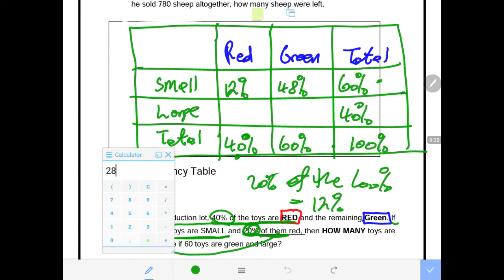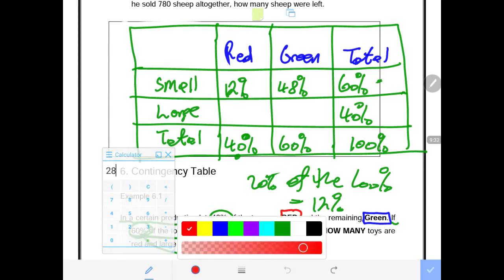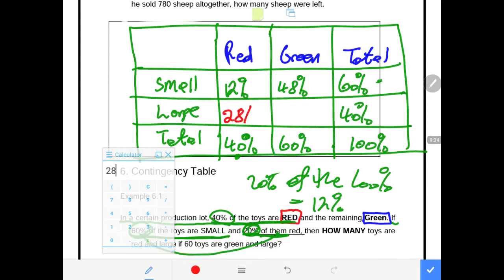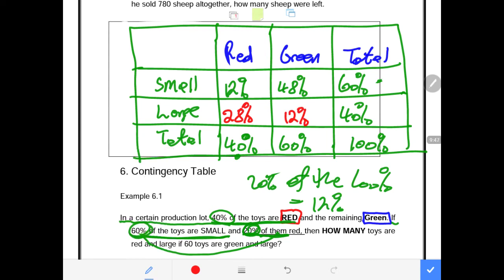That means we get 28%. Therefore, 28% will be large. And again, we say 60 under the small minus 48. That will give us 12%. So that means 12% of the toys are green and large, and 28% of the toys are red and large.